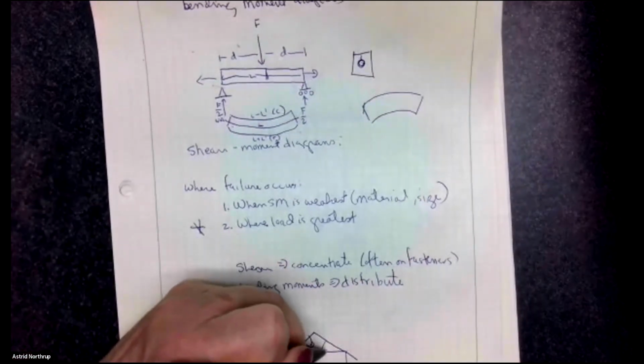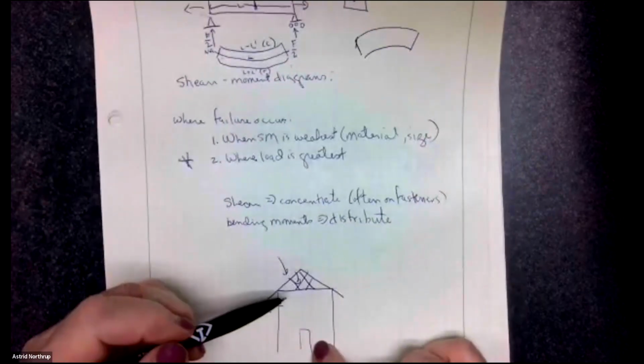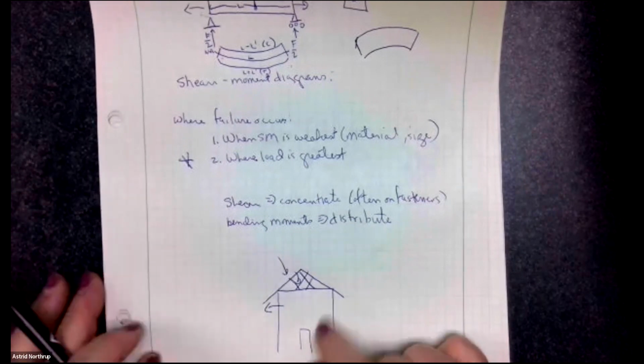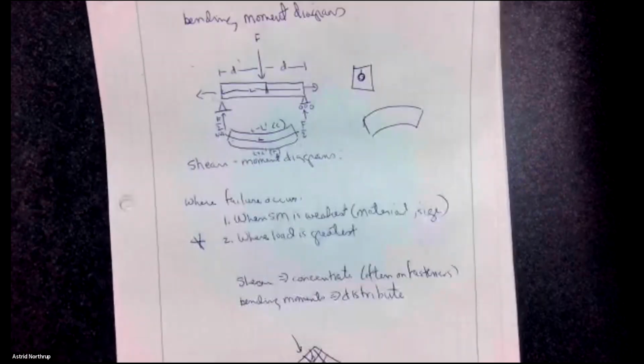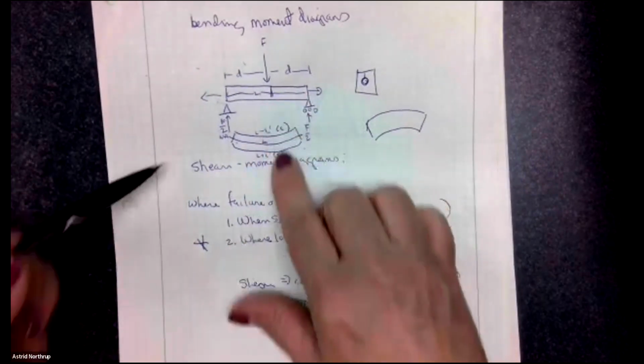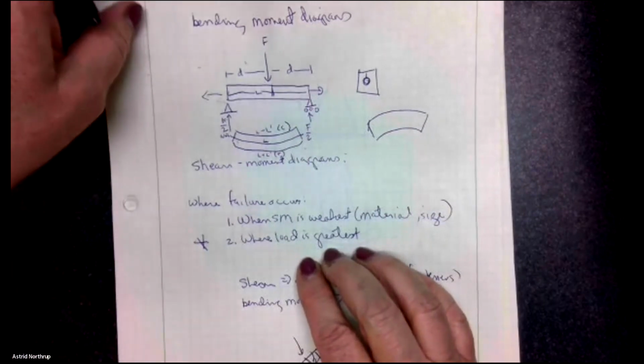So that's where all these trusses come in, where you put in members and cross members so that the load is distributed among those different cross members and so forth. But that's the idea that we're getting at when we start talking about bending moment diagrams and shear diagrams.